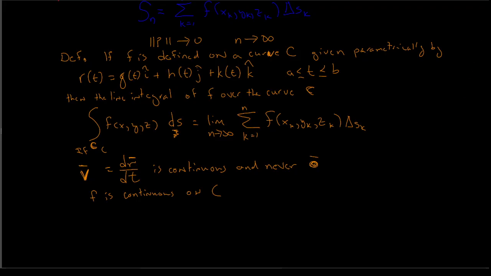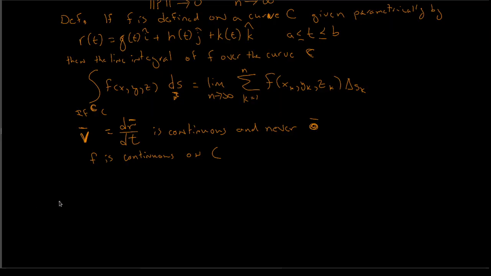That means we can put a relationship here: the arc length given t will be the integral from a to t of the norm of v of tau d tau.